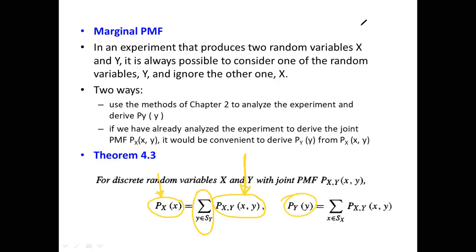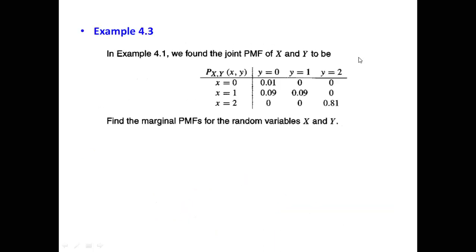I think it will be more clear if we go for an example. Okay. What is the example? In example 4.1, that's like the previous example. If you can remember, there were three possible options of PMF, and of those three possible options of PMF, we have the last one like this.